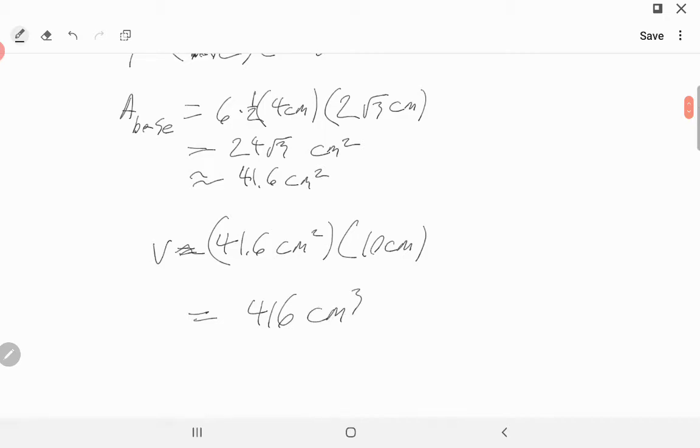And we always have to be careful that area should be in square units, volume should be in cubic units. So if you end up getting a volume of 416 square centimeters, something has gone wrong.